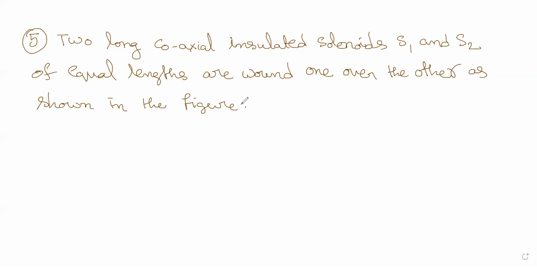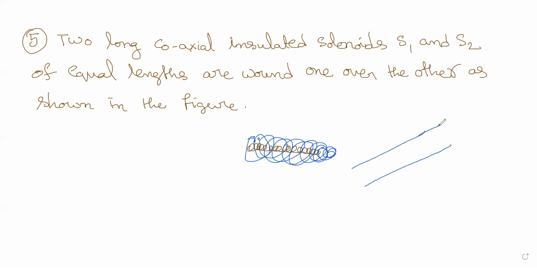I'll try to draw the figure over here. You have one solenoid like this, and let me draw with a different color. The other solenoid will be over this. It's very tough for me to draw, but I'll try my best. It's like one core, and again over this, inside, I'll draw with a different color. The inside one will be like this.